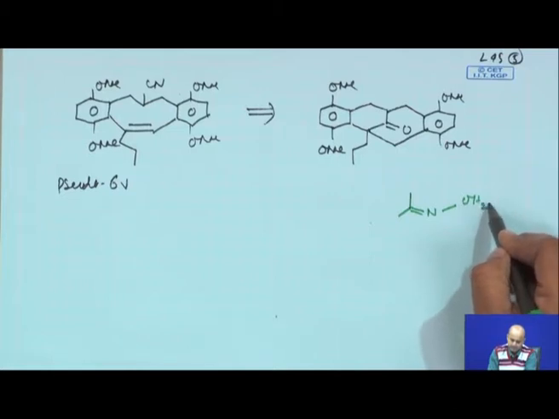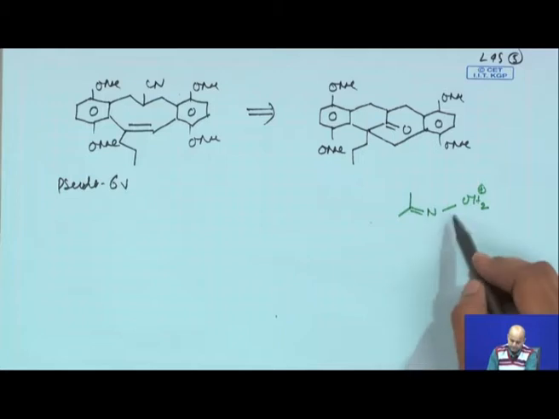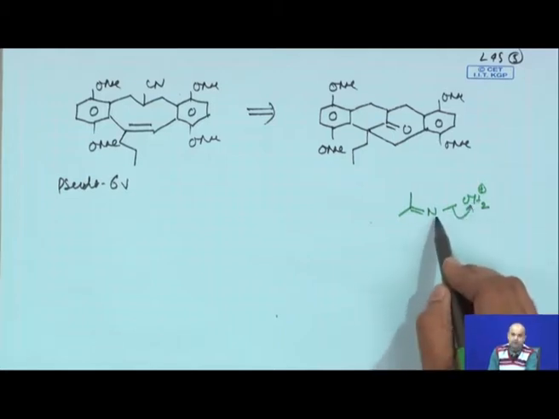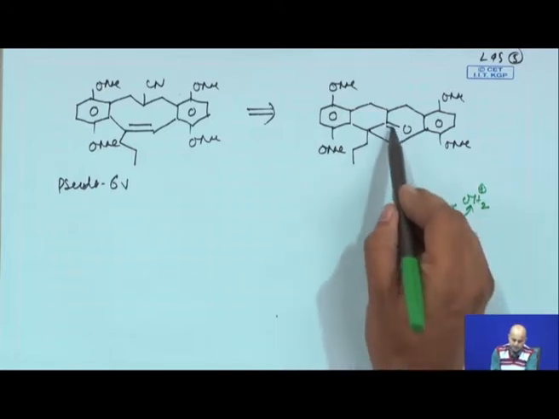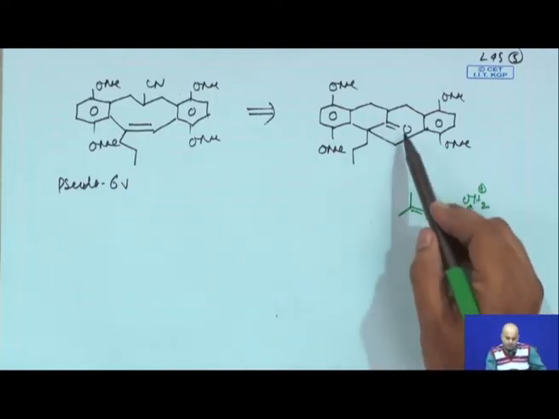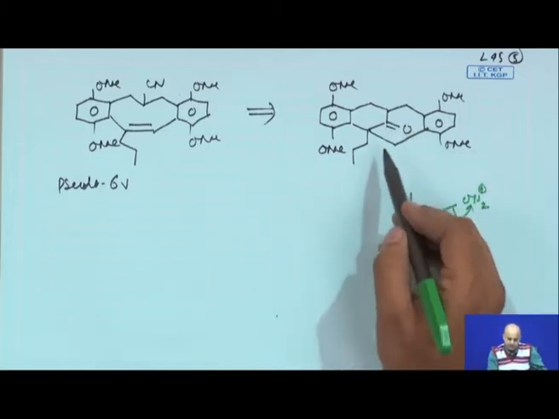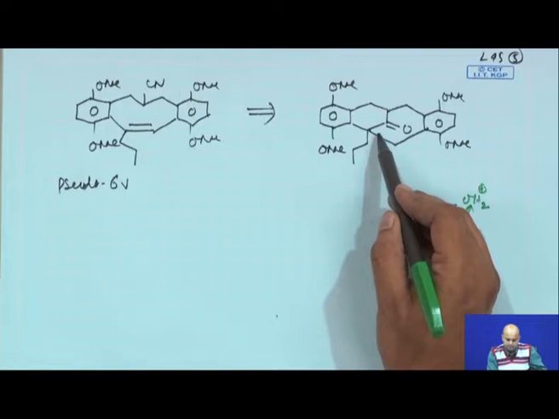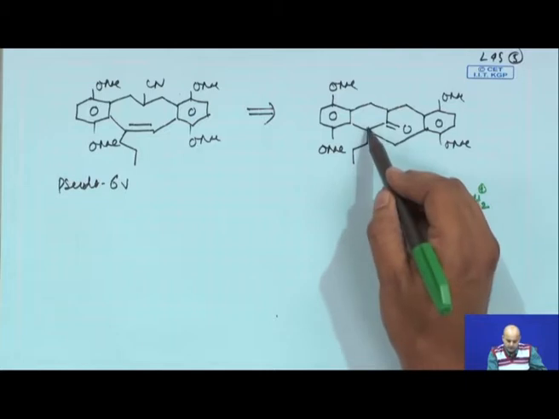So, this oxime will first be converted to the corresponding OH2 plus, and then this will go. So, you have an electron deficient nitrogen. Now, here if you see this compound, you make an oxime, and once this OH2 plus goes off, you will find that this bond fragmentation will basically give you a positive carbonium ion here.